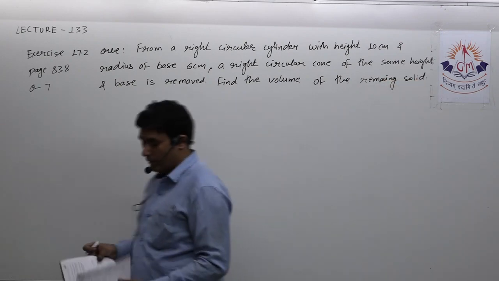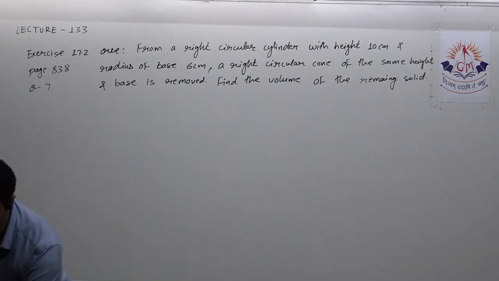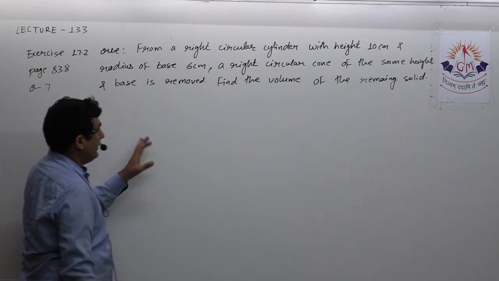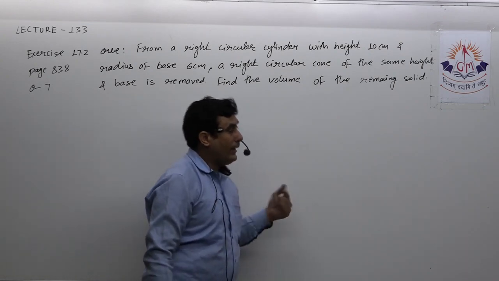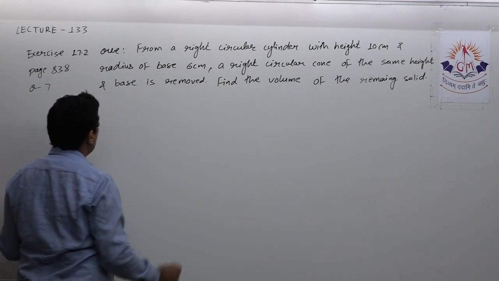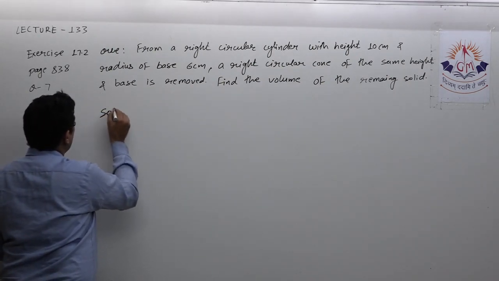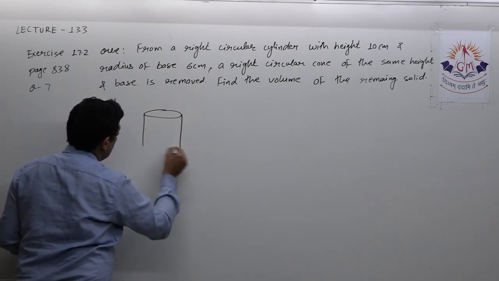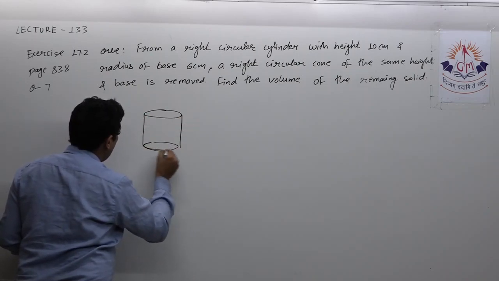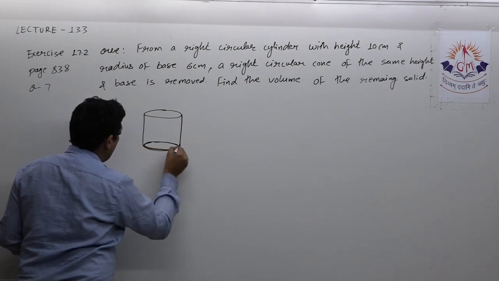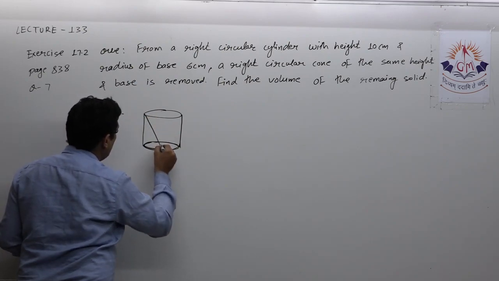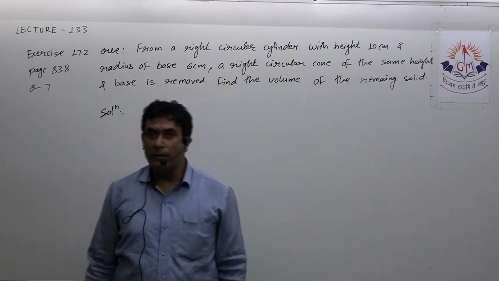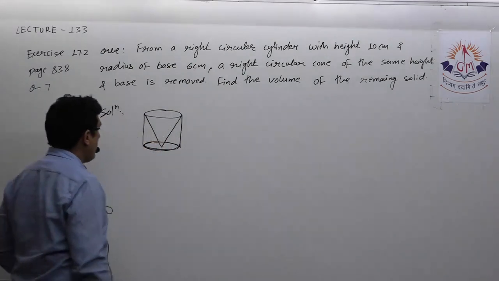Okay, so there is the right circular cylinder whose radius and height is given, as well as a cone with the same height and radius. It is something like this. Suppose this is the cylinder of given radius and height. Now from this a cone has been removed, so you have to find the volume of the remaining solid.